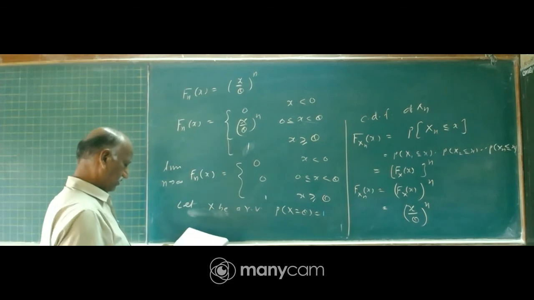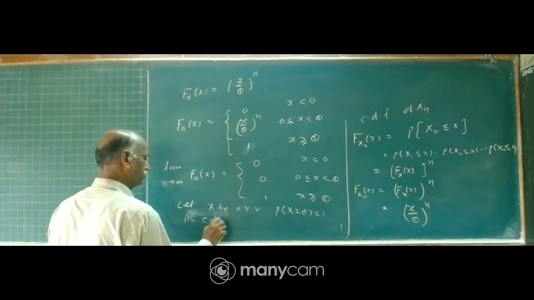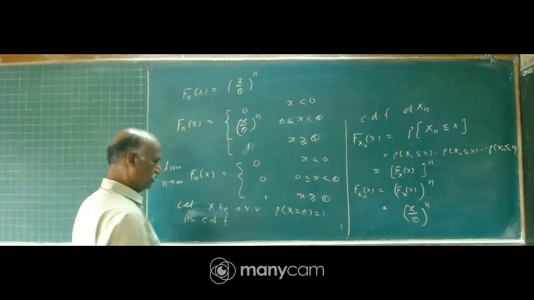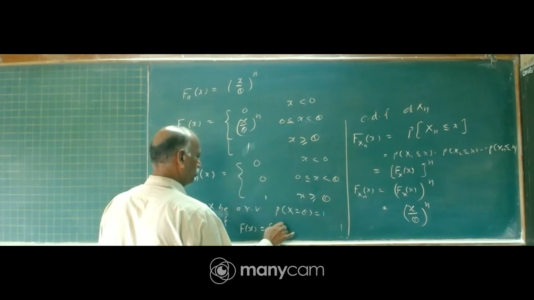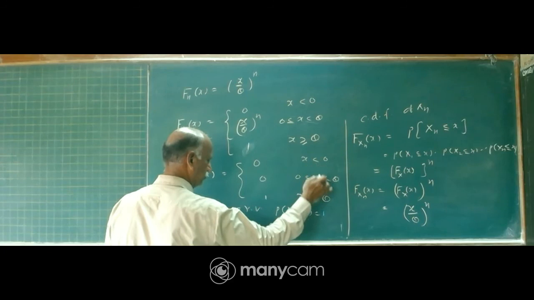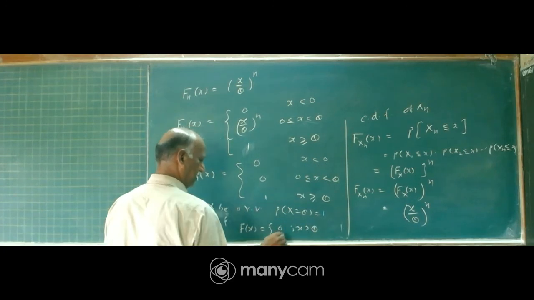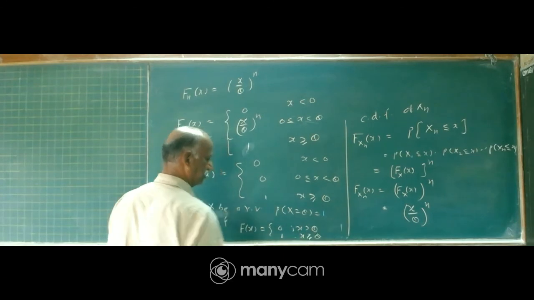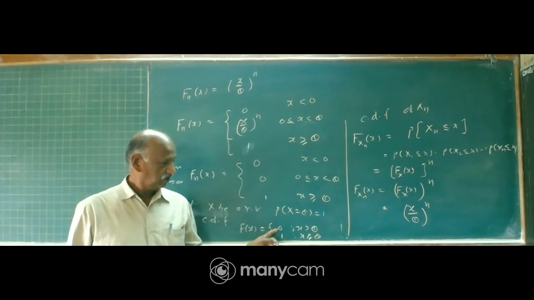Then we get the distribution function: F_X is 0 for x less than theta, and 1 for x greater than or equal to theta.